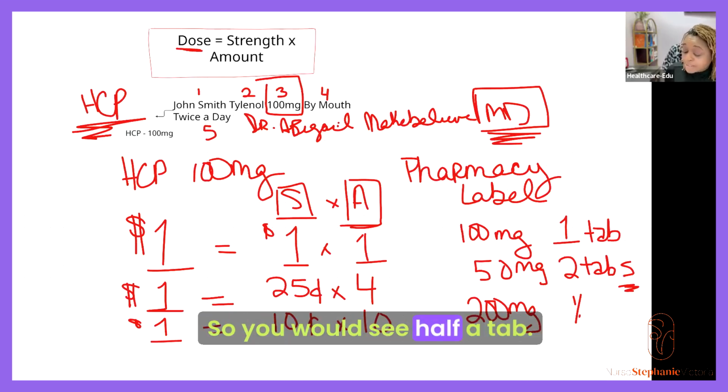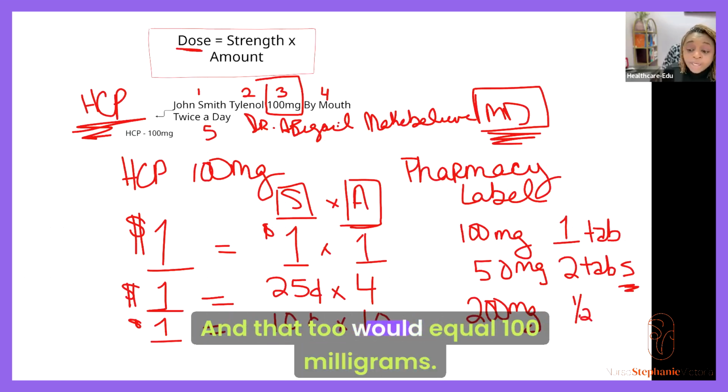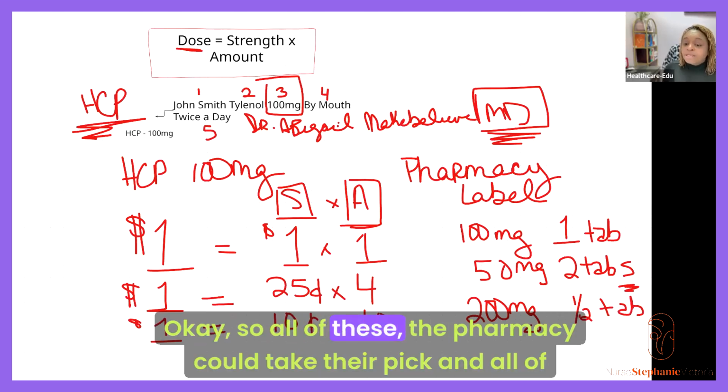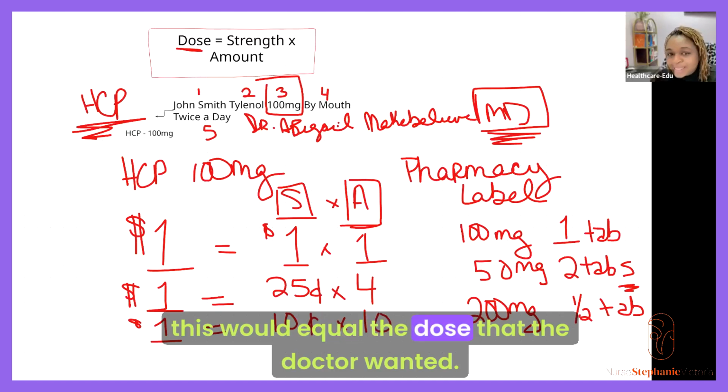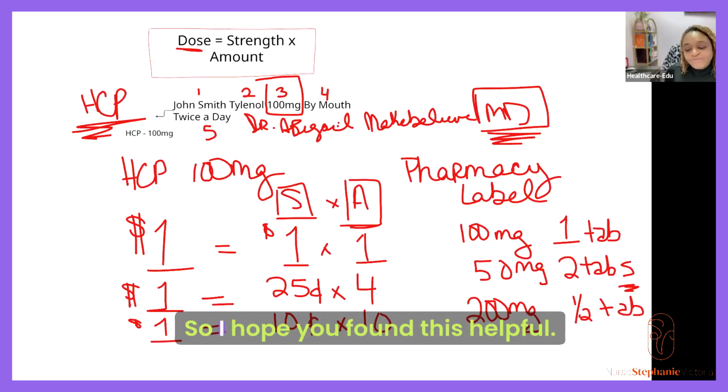So you would see half a tab, and that too would equal 100 milligrams. All of these, the pharmacy could take their pick, and all of this would equal the dose that the doctor wanted.